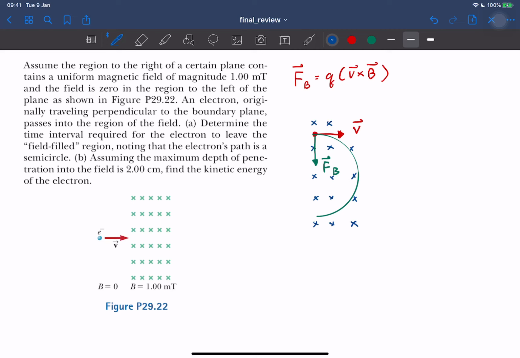So the trajectory of the electron will look like this. It's going in a straight line, entering the region with magnetic field, curving around in a semicircle here, half a circle, and then coming out like this.